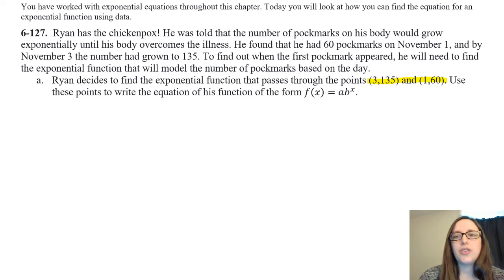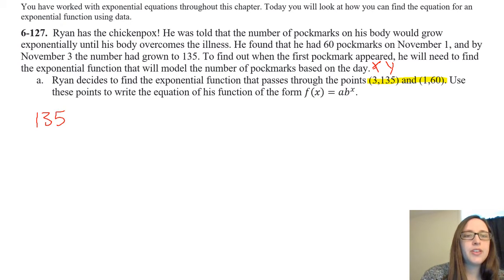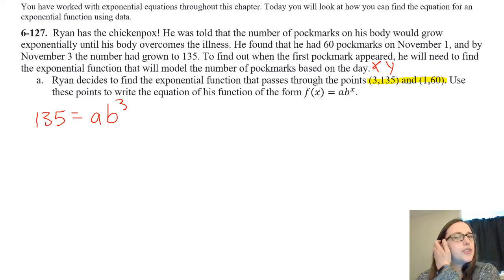All right, so I'm going to plug in the 3 for the x and 135 for the y in the first equation. All right, so my first equation is going to be 135 equals a times b, because we don't know those variables yet, to the power of 3. So we have that first equation.